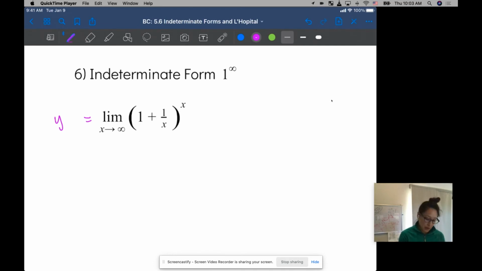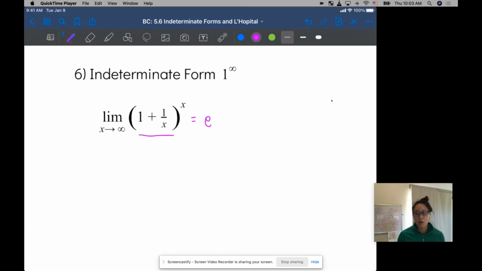Okay, there's one thing that I noticed right off the bat is that this 1 plus 1 over x to the x, as we split this 1 into an infinite number of times, you may recognize this as the limit that gives us e.